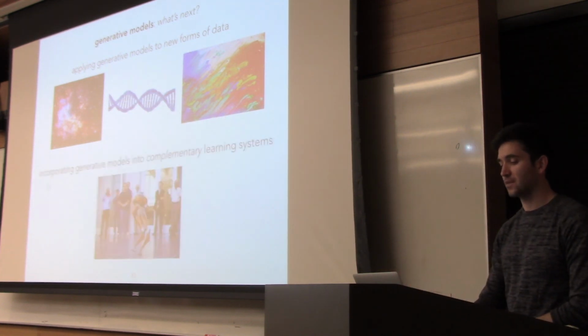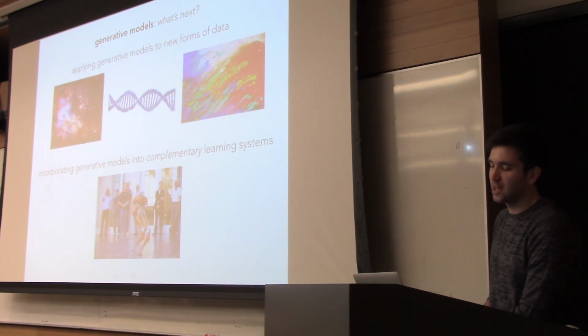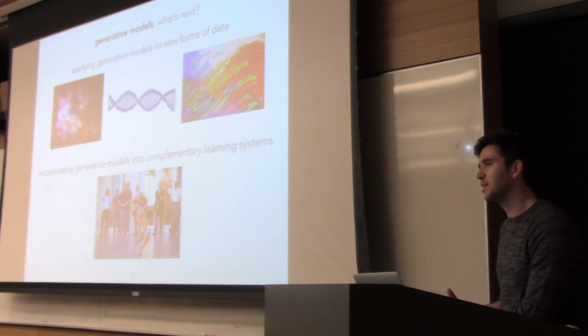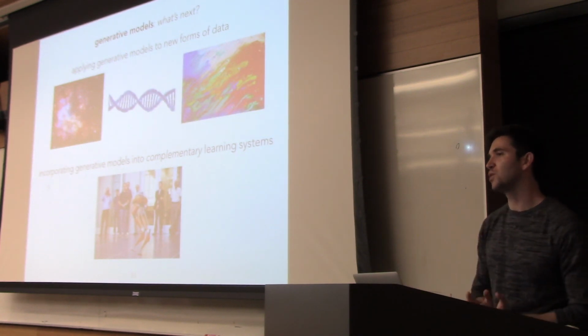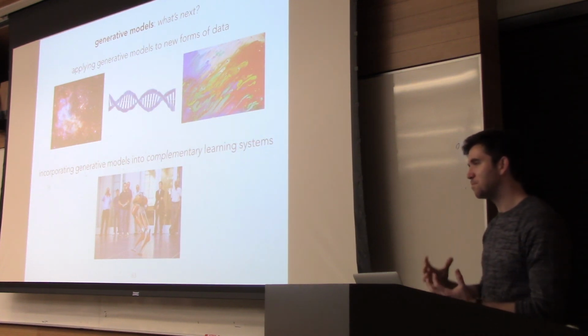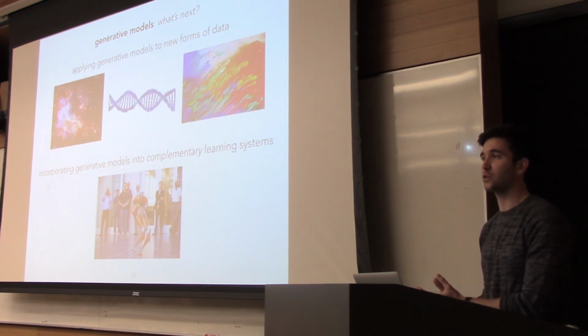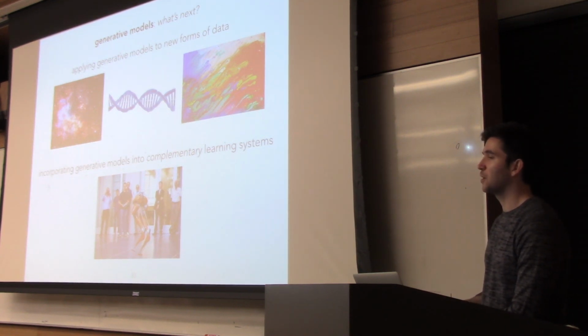And then the other really useful thing about generative models is that they can be incorporated into other learning systems. You can incorporate generative models with reinforcement learning and with supervised learning, and actually make the entire system a whole lot stronger. And it seems that, at least for reinforcement learning, generative models really are the key.